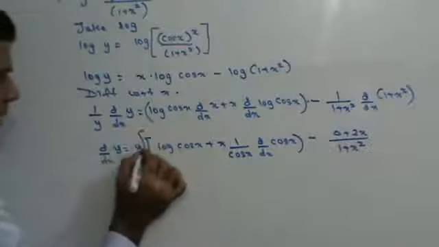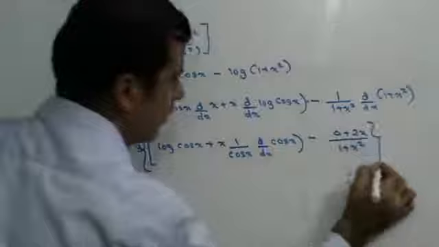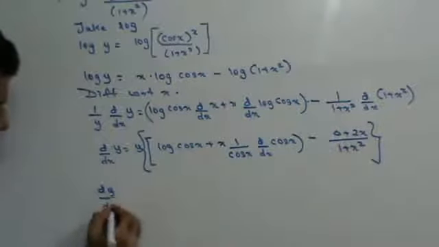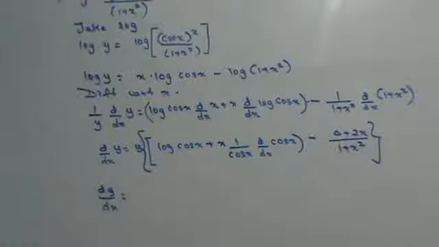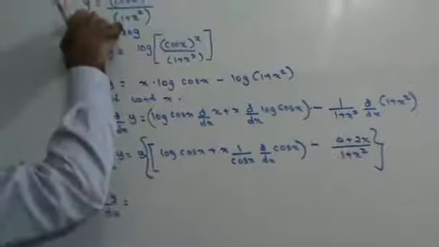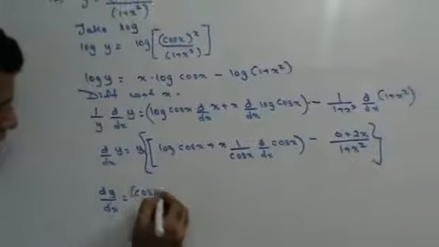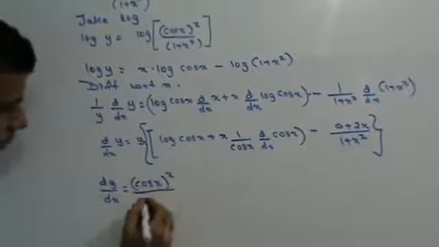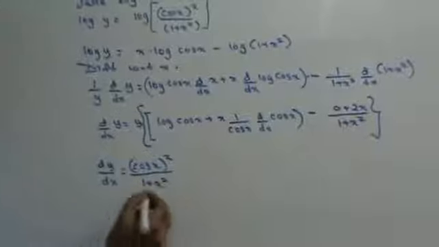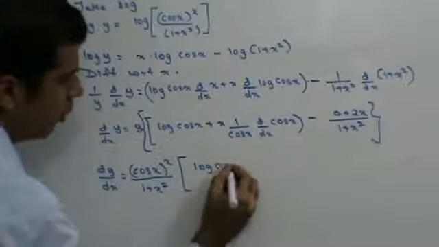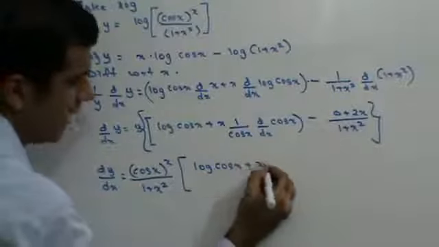Now the y is going to be for both the terms, okay? So you will get dy by dx is, resubstitute the value of y. Your question is the value of y. So that is cos x raised to x upon 1 plus x square. This is log cos x plus x.